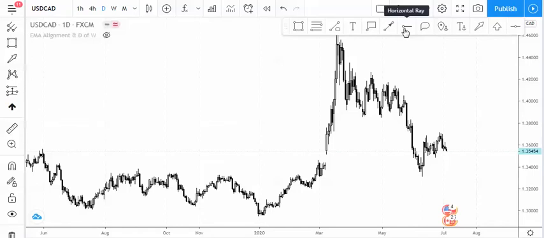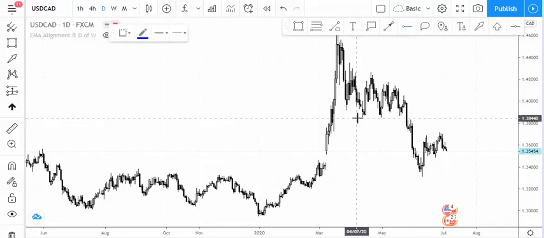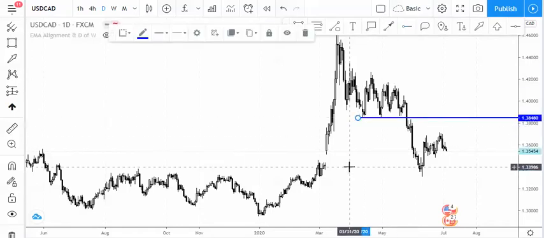So when I look at the chart as it is here, I see 138.48 as a boundary, an extreme level.